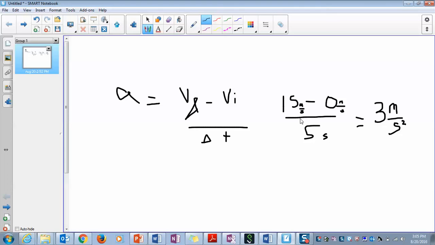So 3 meters per second, 6, 9, 12, and finally by the 5th second it was going 15 meters per second. And if it continued to accelerate at that same rate, then a second later it would be going 18 meters per second, 21, 24, you get the idea. And so that's how you calculate acceleration. And that is your notes here on speed, velocity, and acceleration.